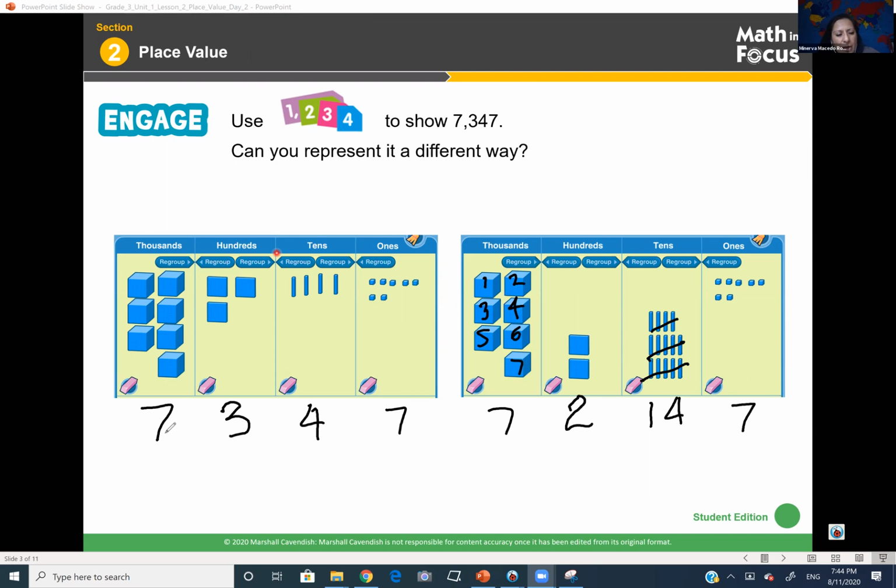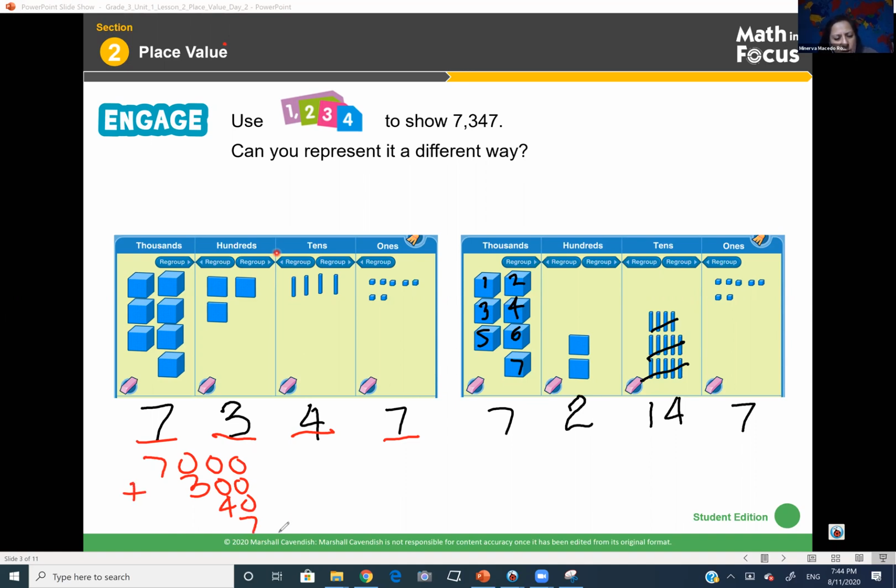So I know that the value of the 7 is going to be 7,000. I know that the value of the 3 is going to be 300. The value of the 4 tens is going to be 40. And the value of the 7 is going to be 7.